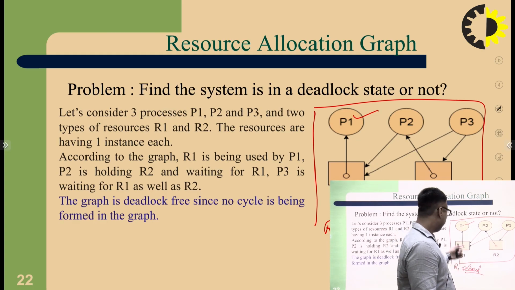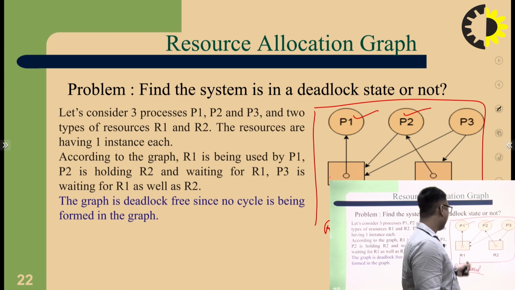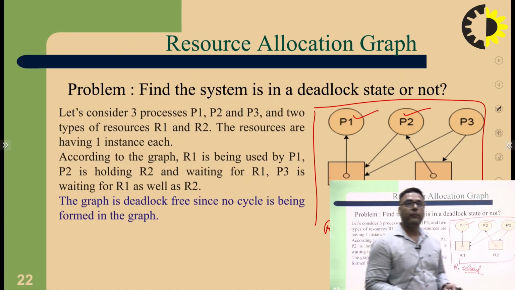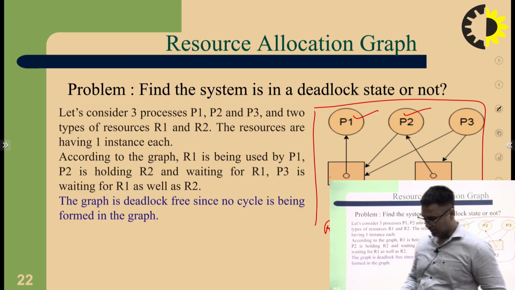If R1 is released, P2 needs R1 and already has R2, so P2 is also executed, no problem. And P3 needs R2 and R1. If P2 is executed, then R1 and R2 are free. So if R1 and R2 are free, P3 accesses R1 and R2 and it is executed.